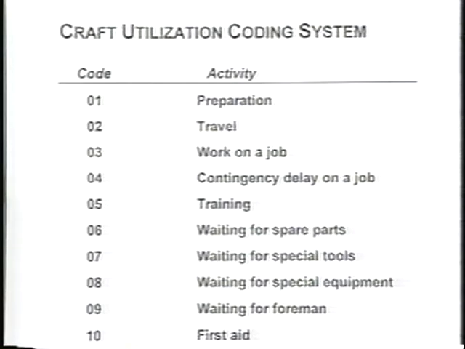Or 08, a craft person is waiting for special equipment. And a craft person can be waiting for instructional information, which is in number 13. Those indicate that maybe the storeroom was not in a position to support the requirement, or we didn't have the proper bin location in our system.